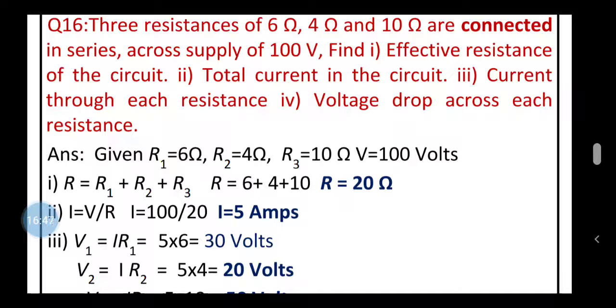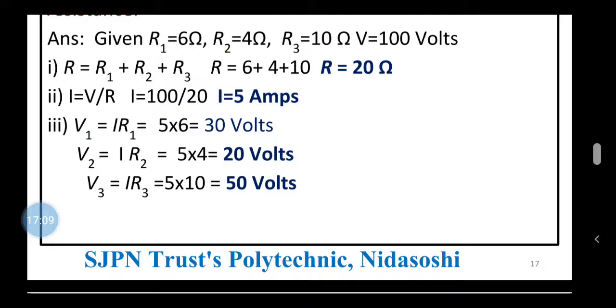You have to recall that while deriving the series resistance circuit, we derived the total resistance of a series circuit. That equation is R is equal to R1 plus R2 plus R3. Substituting these values, we get the total or equivalent resistance R is equal to 20 ohm.